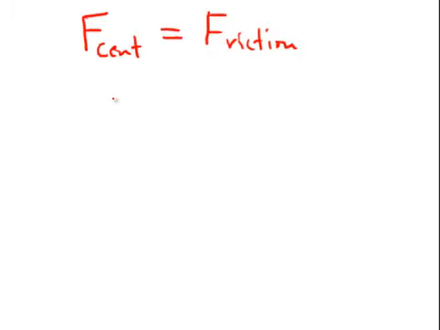Now if we start to use some of the formulas we have, the centripetal force required to cause an object to turn is the mass of the object times the velocity it wants to turn at squared, divided by r. The formula for the friction acting on this car is mu times the normal force.